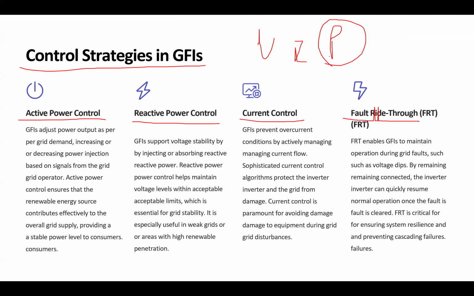But we all know that power is a product of voltage and current. So when we talk about AC systems and three-phase system analysis, what we are essentially doing is controlling the voltage and current, and by that we control power.